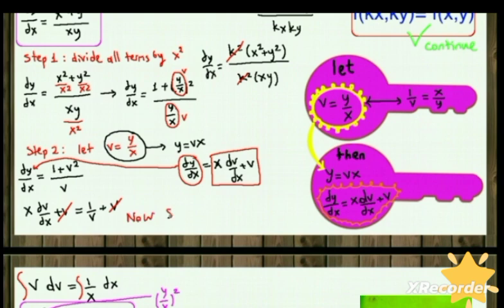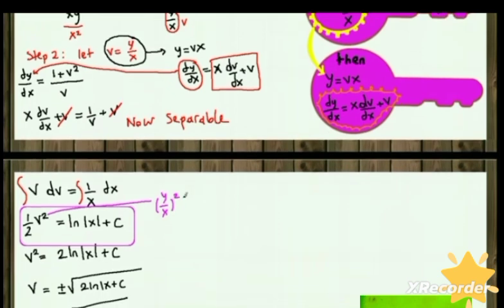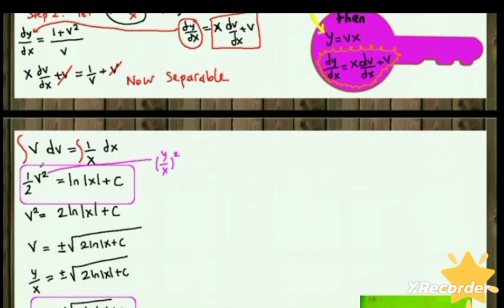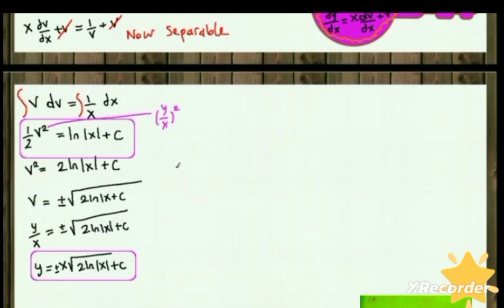So now it is separable. Then we apply the separable equation method. We integrate both sides, and we bring the v substitution back. Then this is going to be our implicit form. And this is going to be our explicit form, where we solve for y completely.